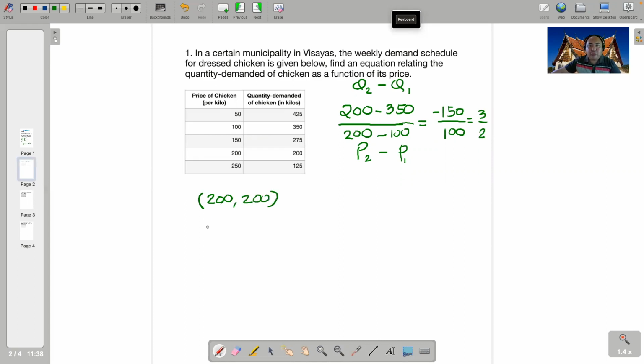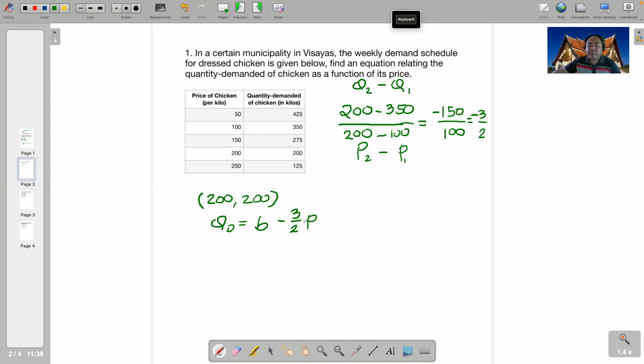So what do we know? Quantity demanded is equal to some constant or the y-intercept, and then, I forgot, this is negative 3/2, minus the slope times the price. So that's your demand model.